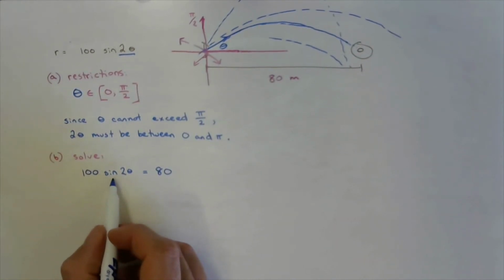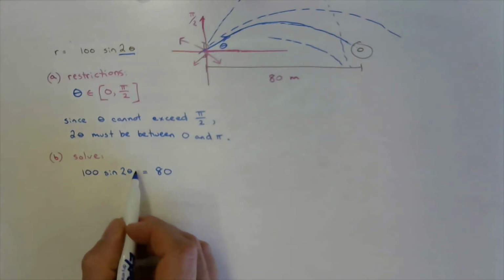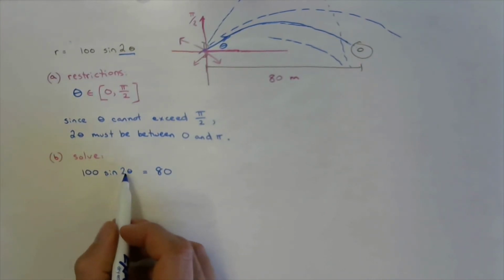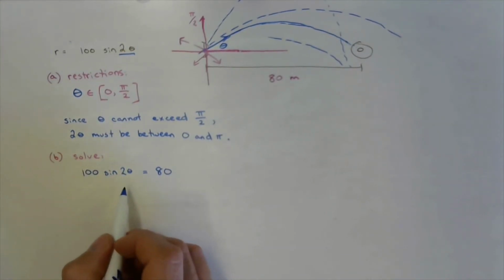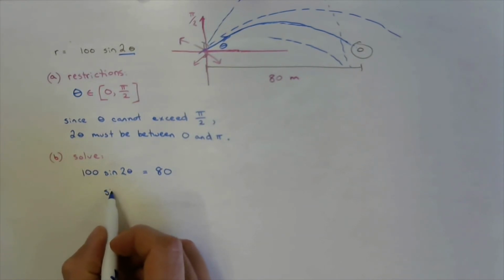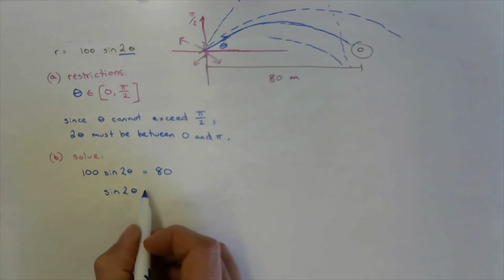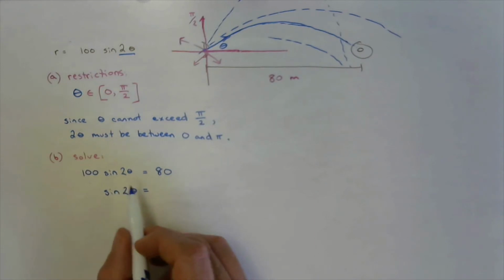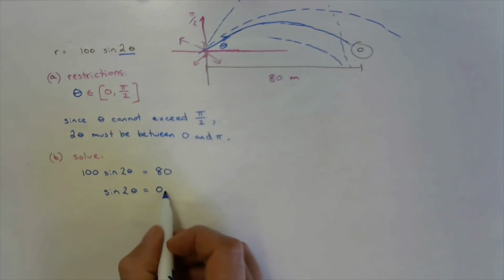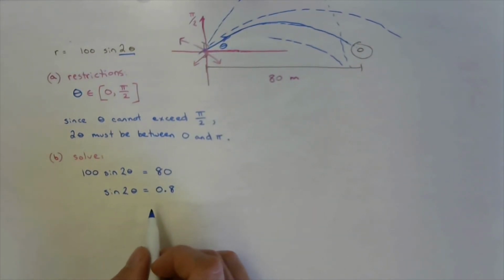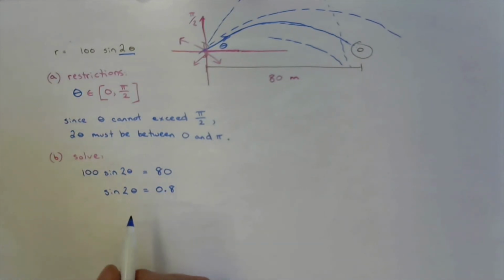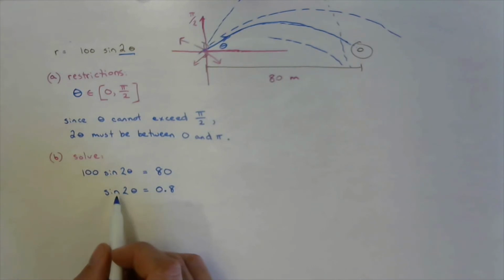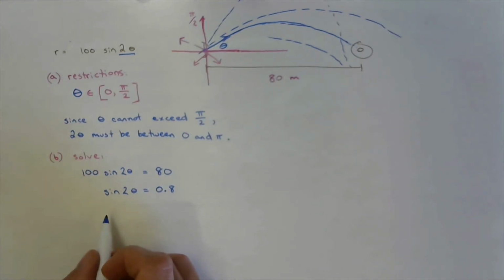I'm going to keep the sine of my double angle together, and I'm going to divide both sides by 100. On the left, that's going to leave me with the sine of 2 theta. On the right, 80 hundredths is 8 tenths, so 0.8. Now, in order to get 2 theta by itself, I'm going to take the inverse sine of both sides. That looks like this.